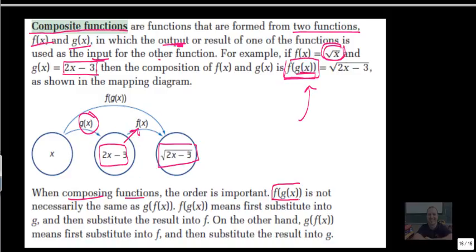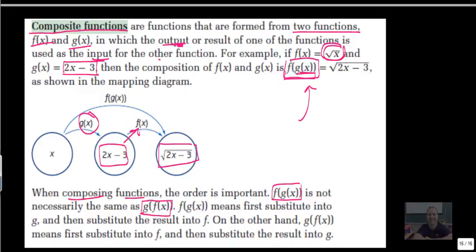So f of g of x is not necessarily the same as g of f of x. If you put one inside the other, it's not necessarily the same as putting the other inside the one. You can't go backwards. Sometimes it would, depending on the functions, but most of the time it doesn't work, so it's not a rule.